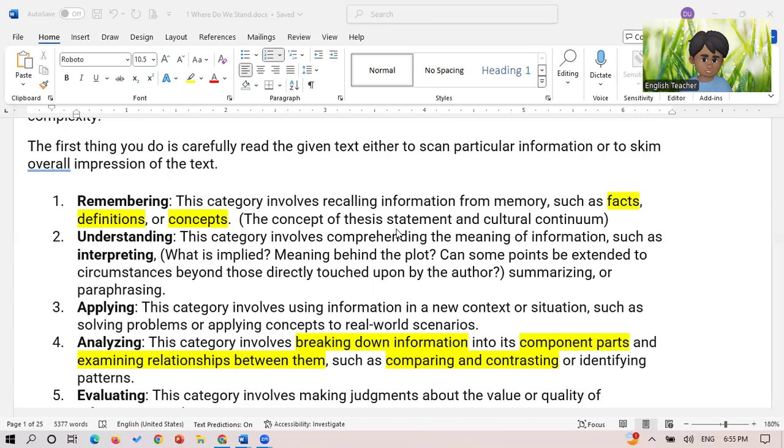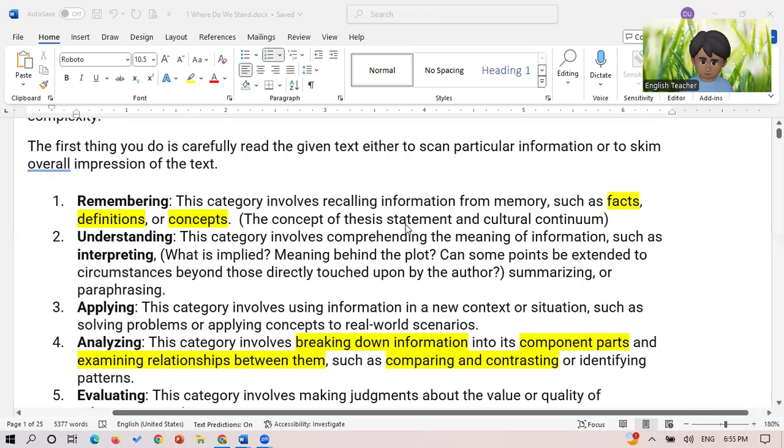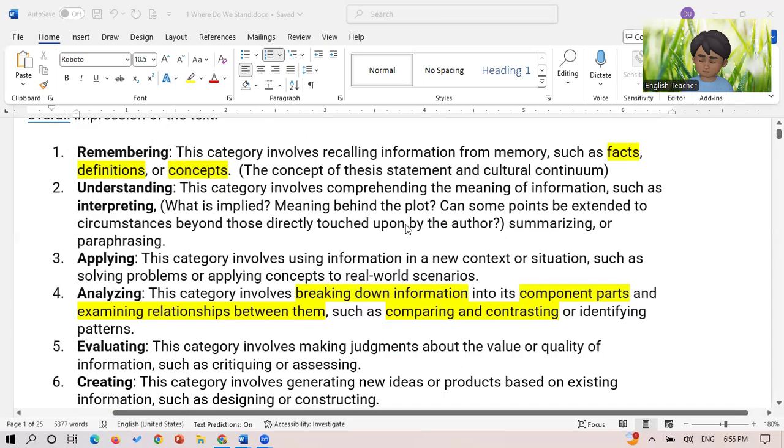Now, besides scanning and skimming, when you consider Bloom's revised taxonomy of cognition, there are 6 levels, 6 categories. The first thing you do when you read something is you try to remember what you read.